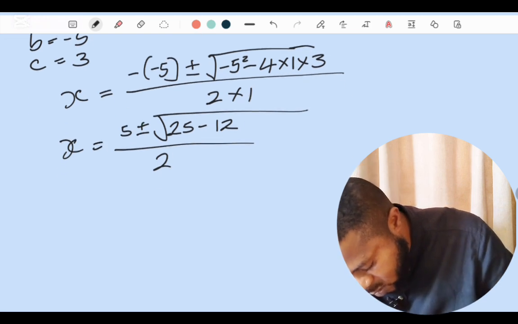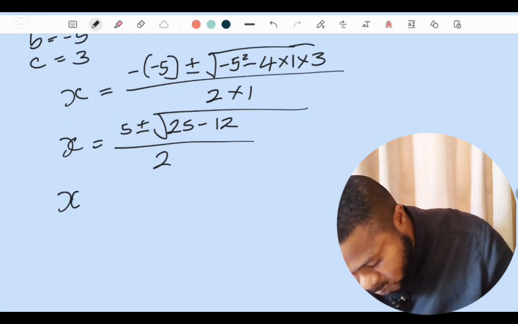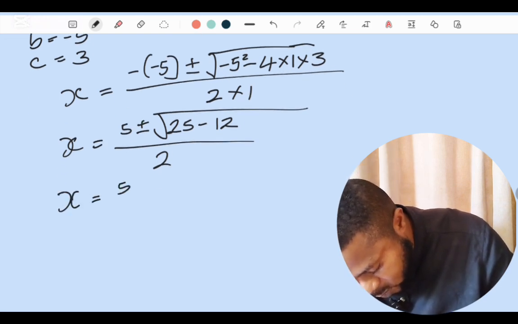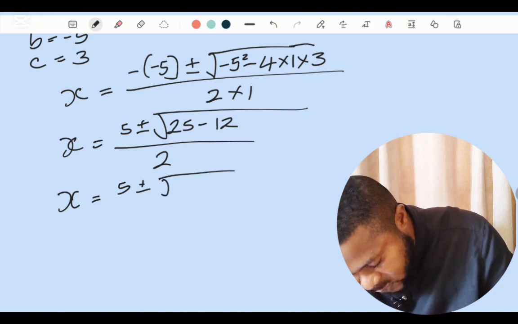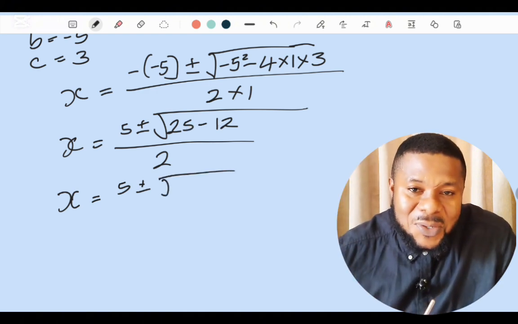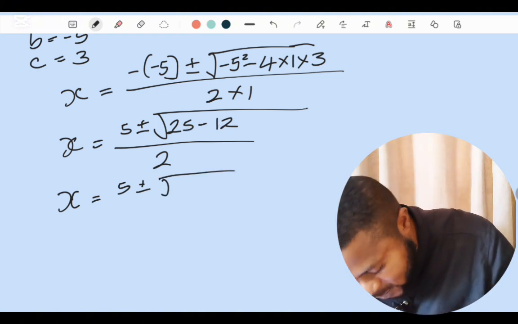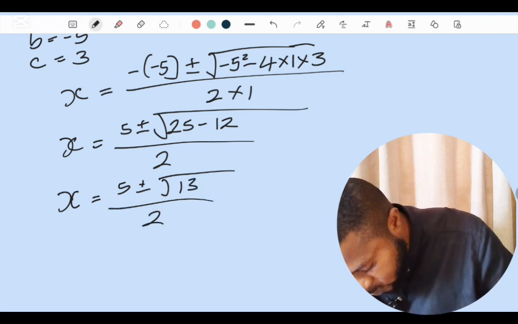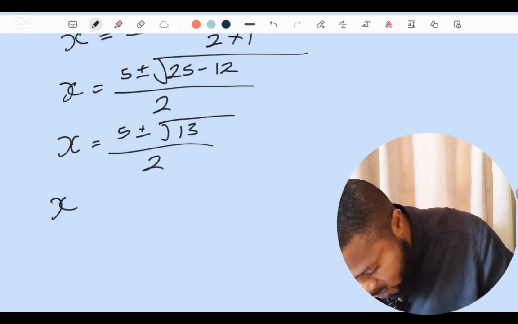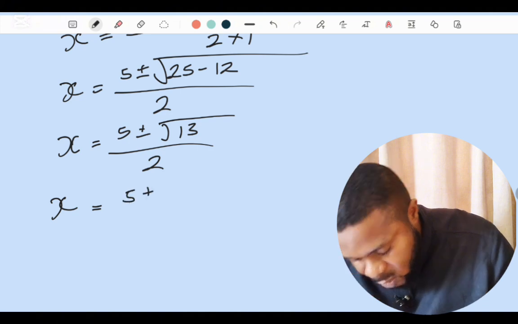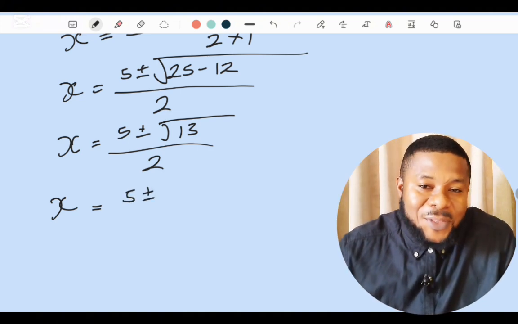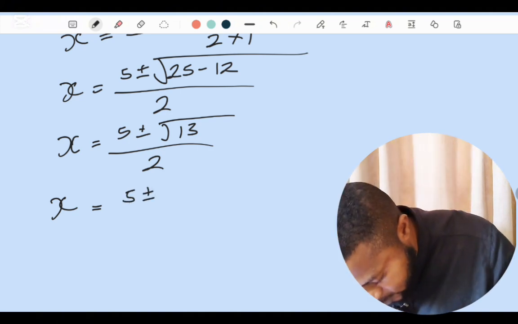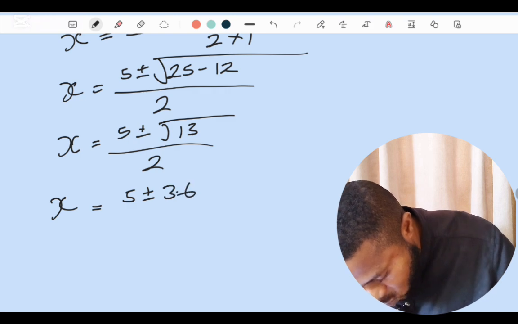So x is equal to 5 plus or minus square root of 25 minus 12. 25 minus 12 is 13, all over 2. Then x is equal to 5 plus or minus square root of 13, which will give you 3.6, all over 2.